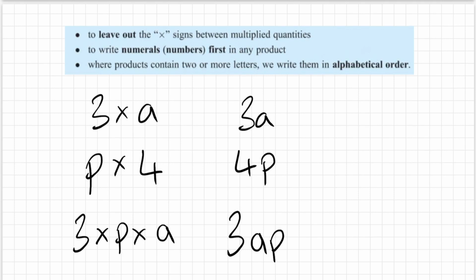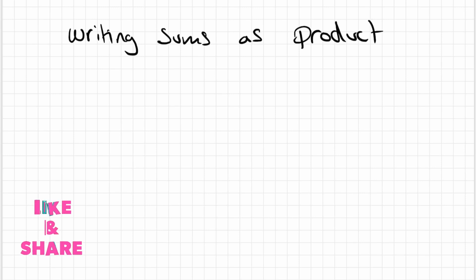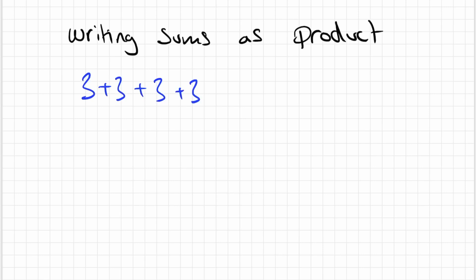What I'm going to do is go through our next key concept, which is writing sums as products. So let's just write this down. If I had the example of 3 plus 3 plus 3 plus 3, what we have here is 4 lots of 3. And we can write that as 4 times 3.